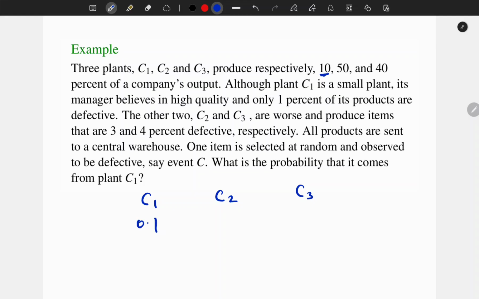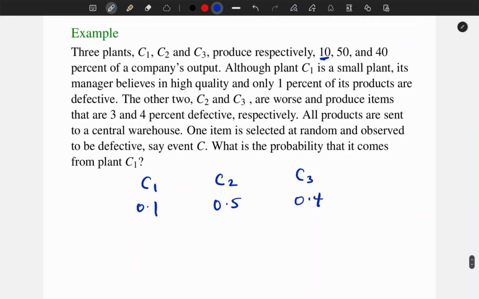Then 50% of the output for C2, we have 0.5. Then for 40% for C3, we have 0.4. This is the prior probability.